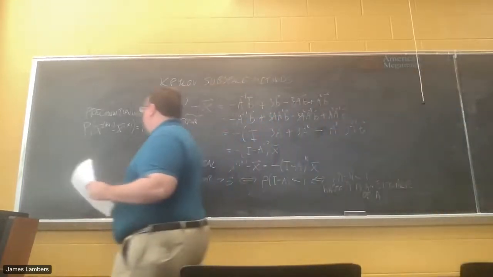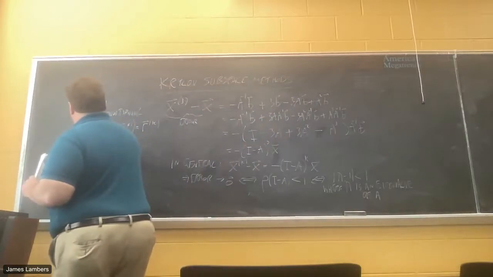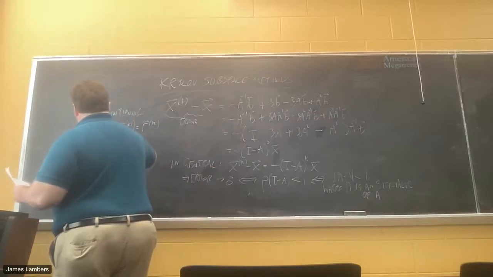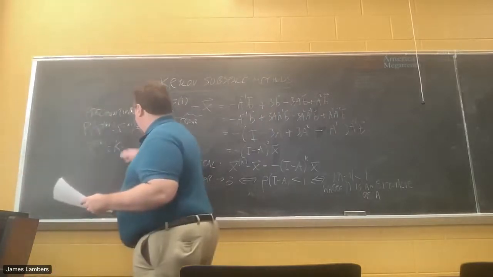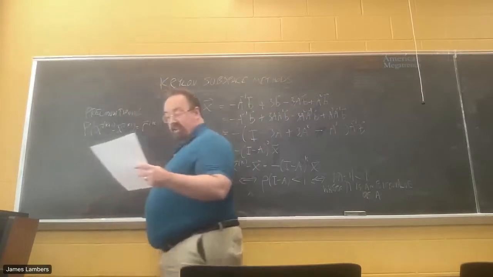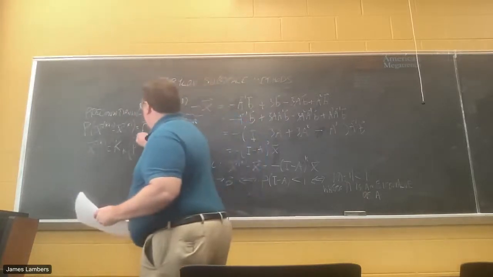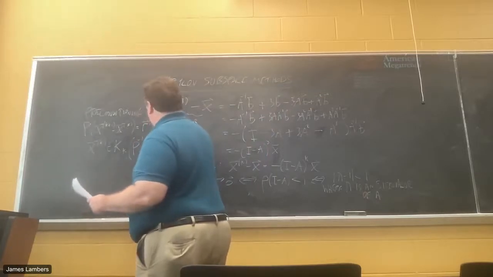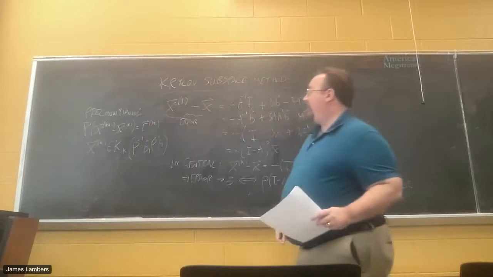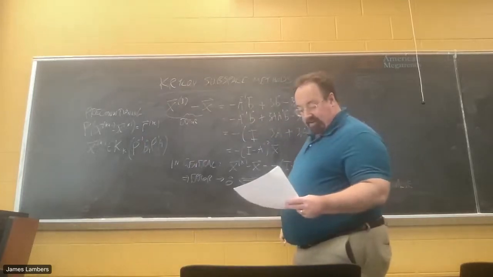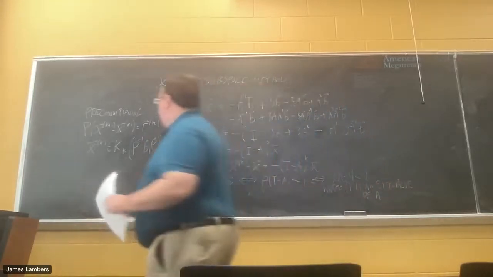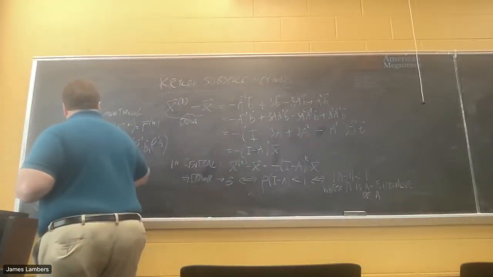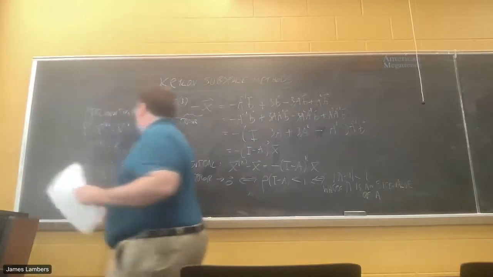What ends up happening is xk belongs to a Krylov subspace of dimension k, generated by P inverse B, and we keep multiplying by P inverse A. So what that means now is we need the spectral radius of P inverse A minus identity to be less than 1.